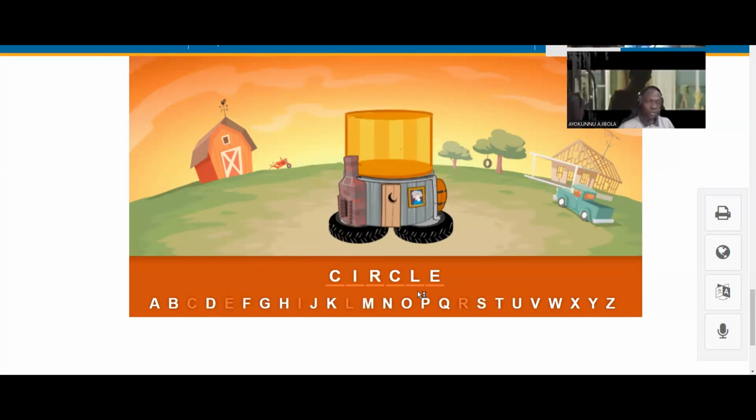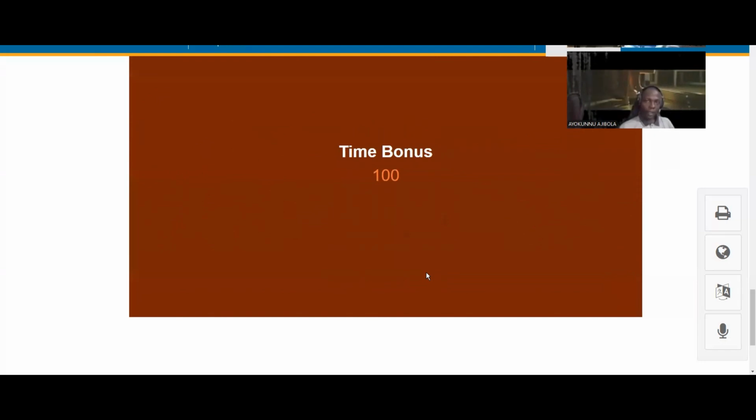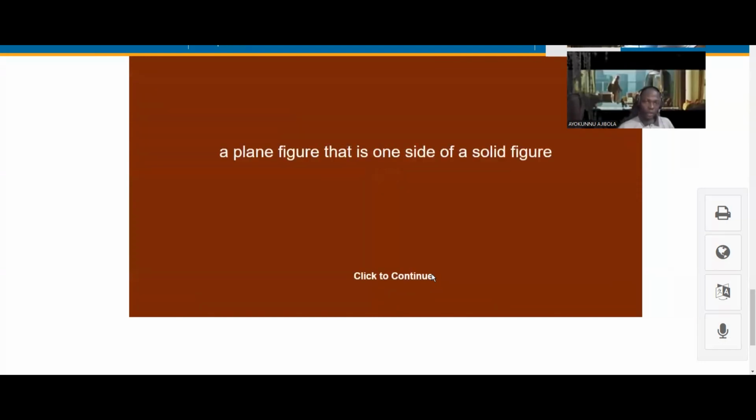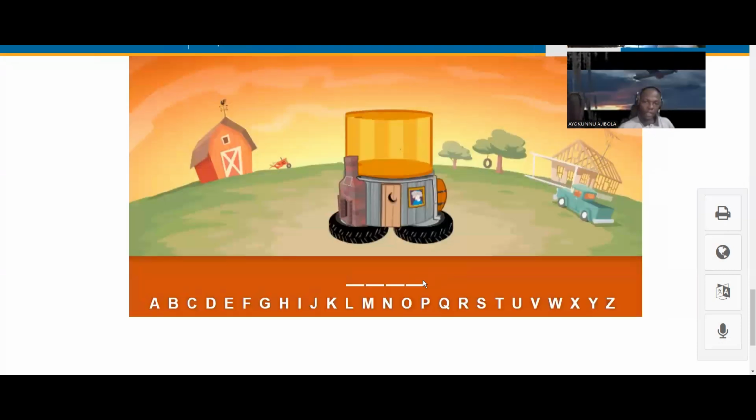So always put all of these things in your mind. Then look at this one. A plane figure that one side is a solid figure. A plane figure that one side is a solid figure. Well, let's see.